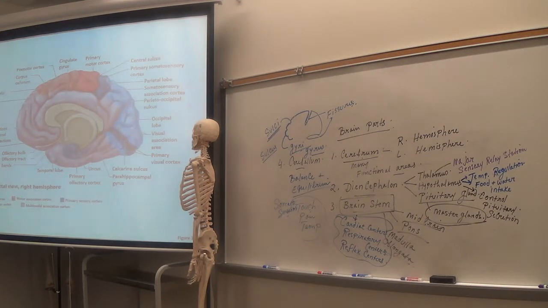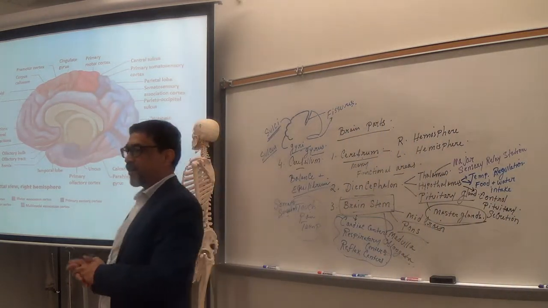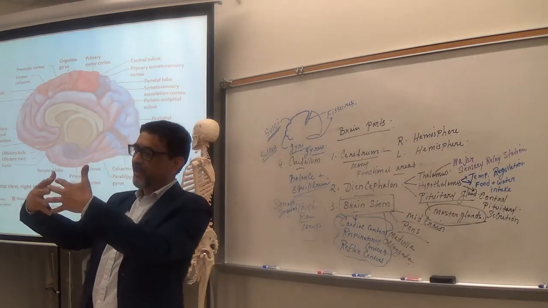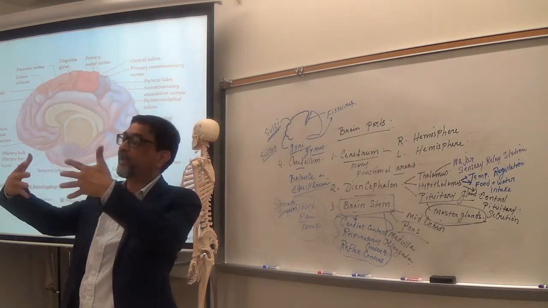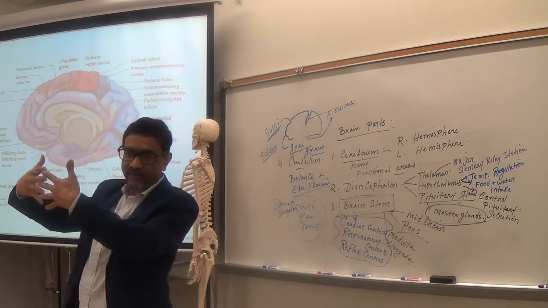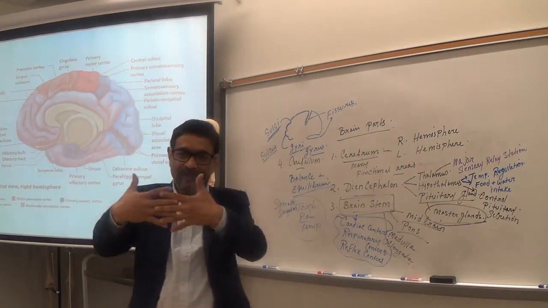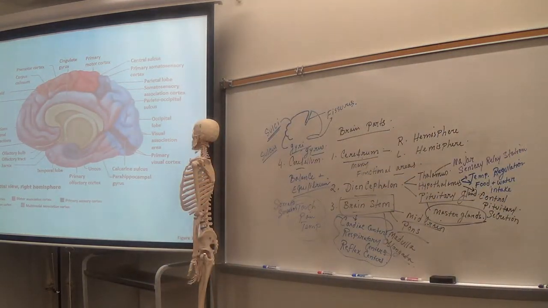So the corpus callosum is not only holding the hemispheres together, but more importantly, many fibers go through it from one side to the other side. That is very important.